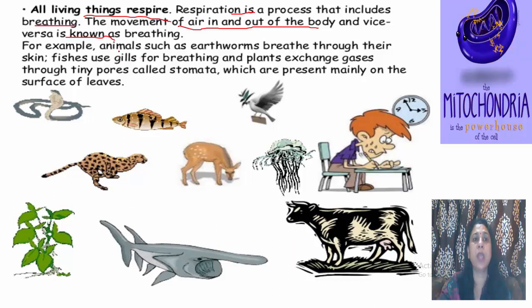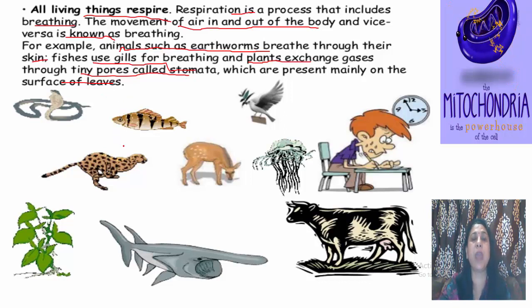For example, animals such as earthworms breathe through their moist skin. Fishes use gills for breathing, and plants exchange gases through tiny pores called stomata, which are present mainly on the surface of the leaves. And we human beings breathe through our lungs.